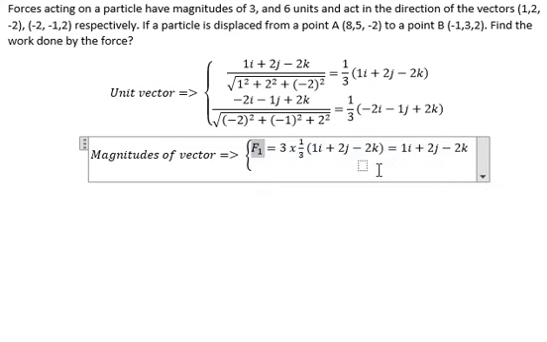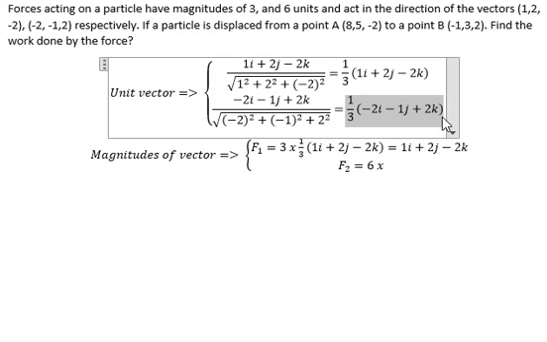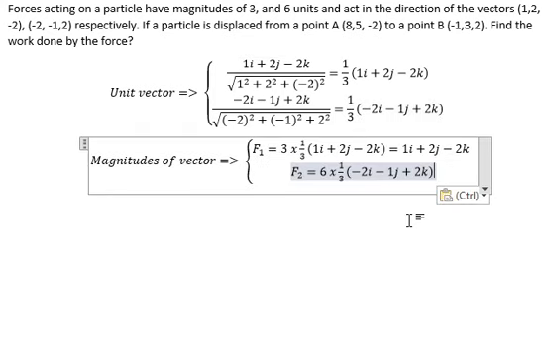Now the force number 2, we have 6 multiplied by the unit vector, and we got 2 multiplied by everything inside the bracket.